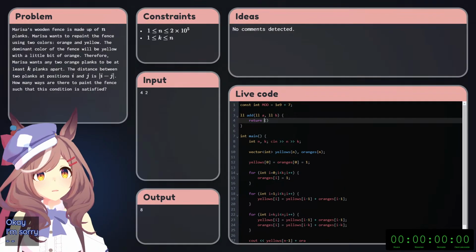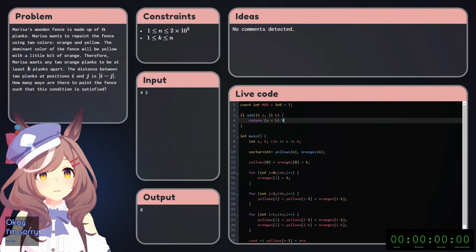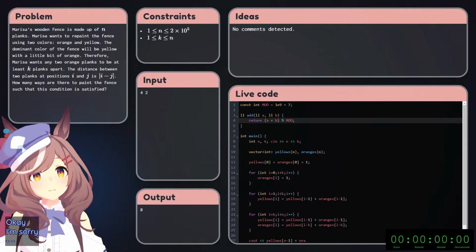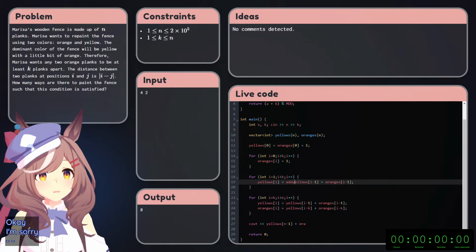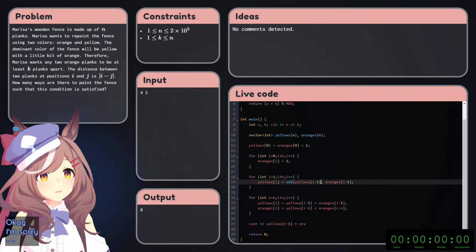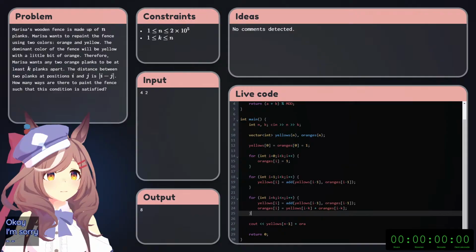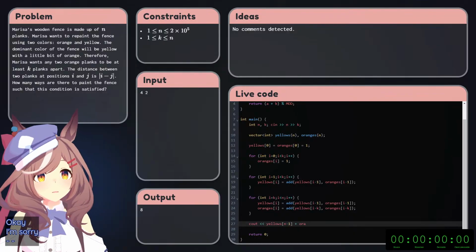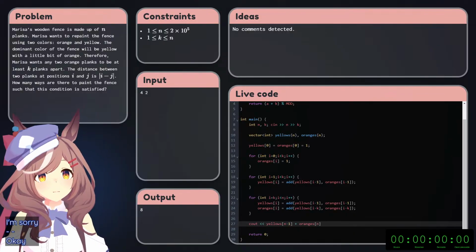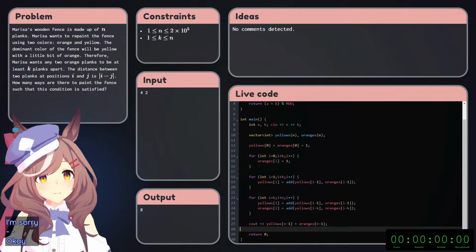Return a plus b mod modulo. Minus k, oranges and minus 1 should be here, and let's try it.